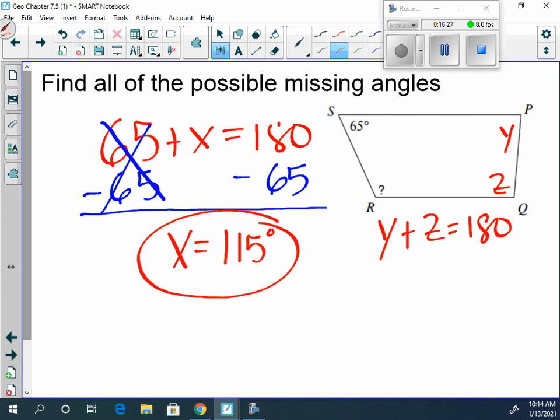So the number of possible answers for y and z is infinite, because y could be 1 and z could be 179. We can't find y and z because we don't have enough information. They could be equal, 90 and 90, or it could be 89 and 91.